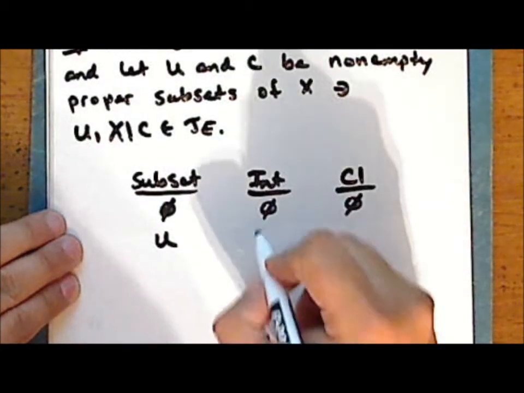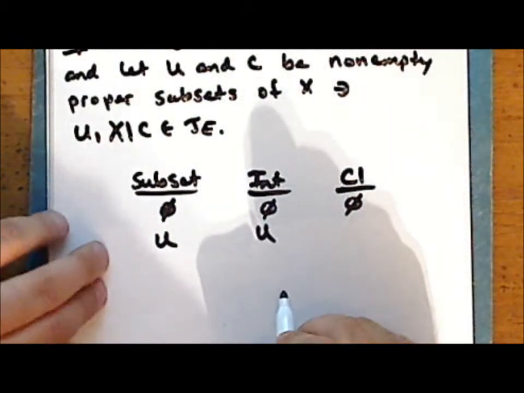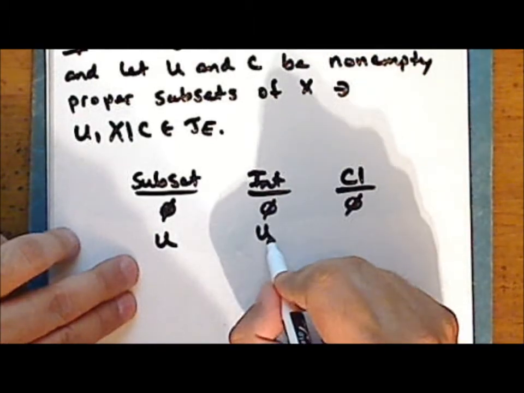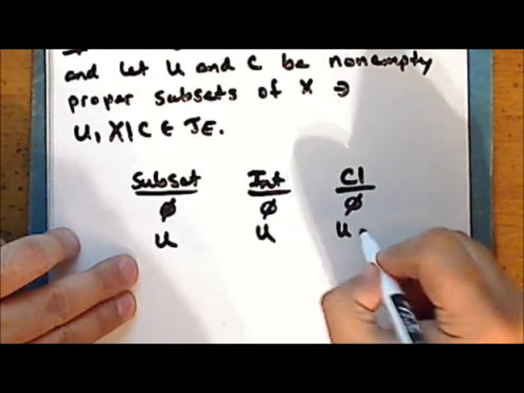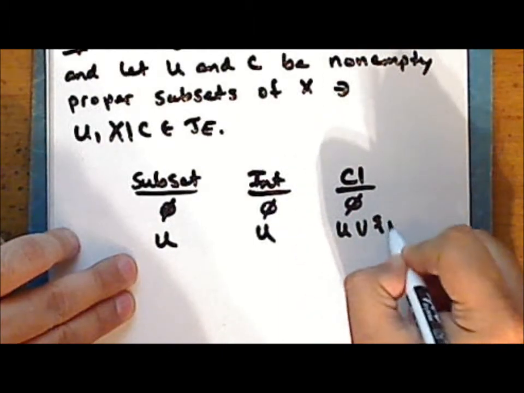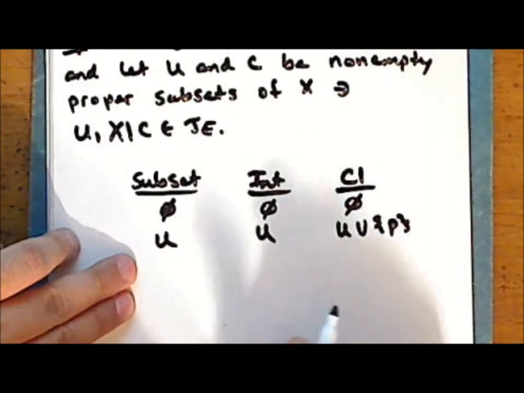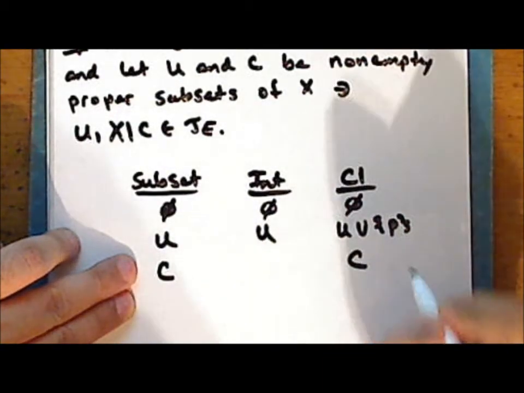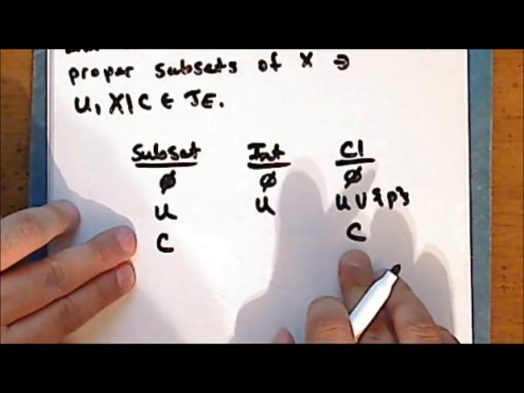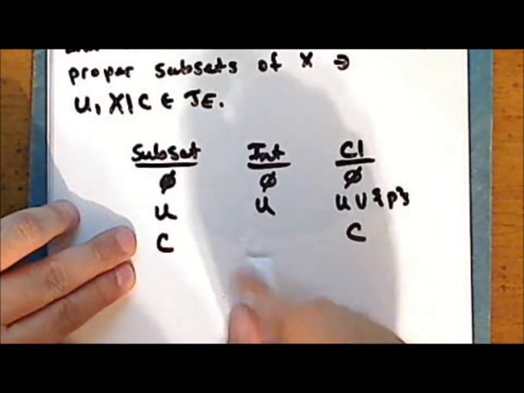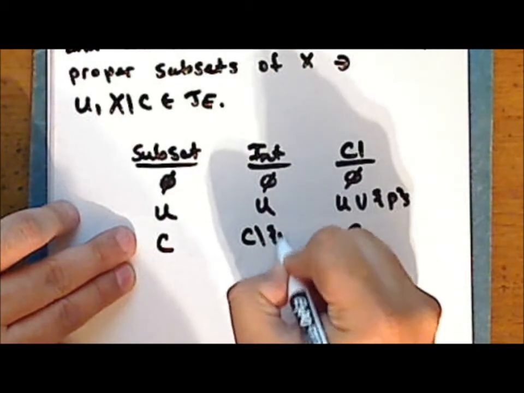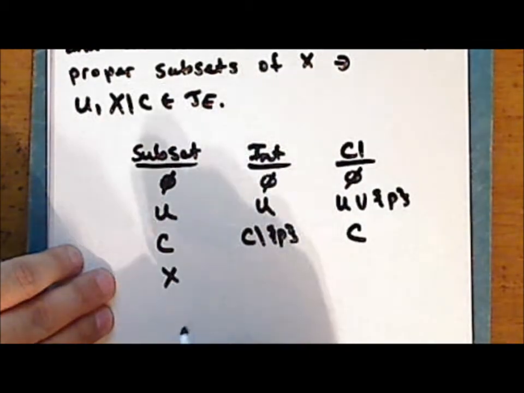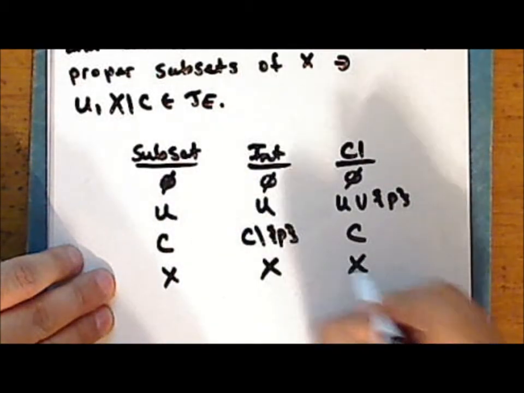The interior of the open set U is the set U. Now, the closed set containing the set U is the union of the set U with the singleton containing the point P. The set C is its own closure, and the interior of this set is the complement of the singleton containing P in the set C, and the set X is its own interior and its own closure.